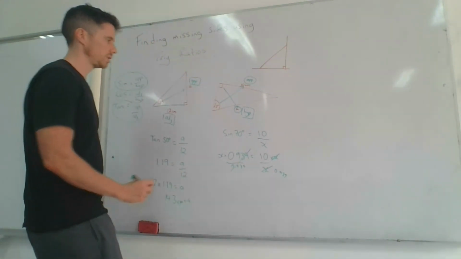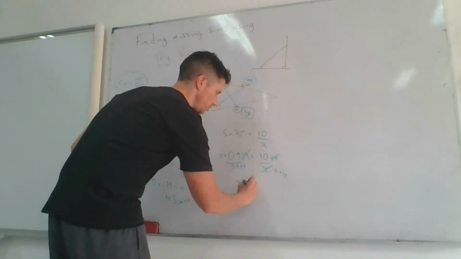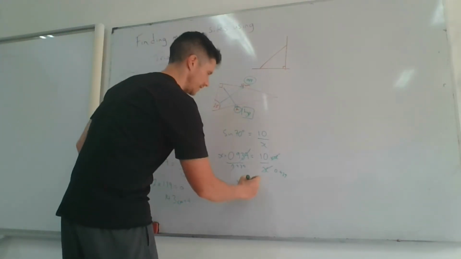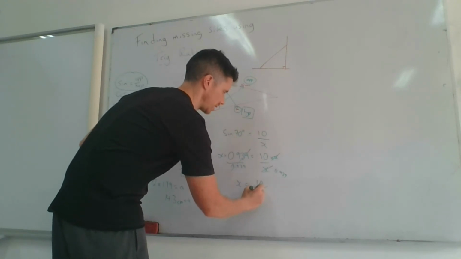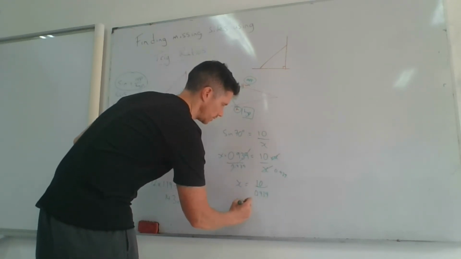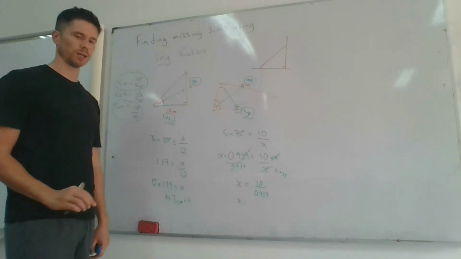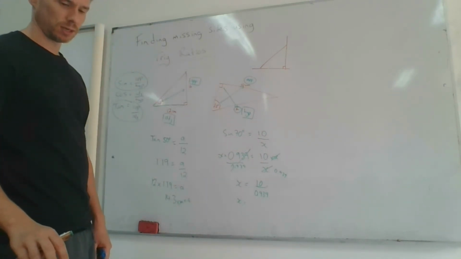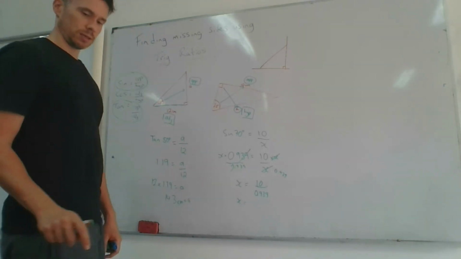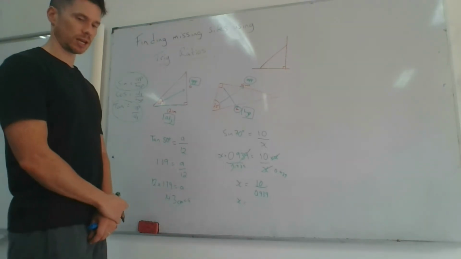What you really could have just done is what they call cross multiplication, and then just switch the x into 0.939, and then we will get our answer. So 10 divided by 0.939, you might need your calculator for that, and you get 10.655.